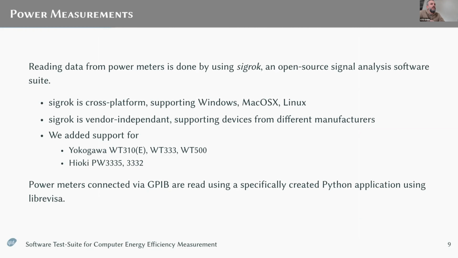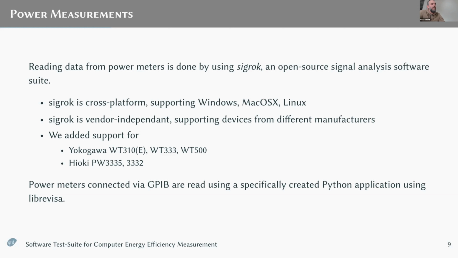The power measurements themselves are done using the data that we get from a power meter, for example a Yokogawa device or a Hioki device, and we do this using a software tool called Sqlite, which is open source and gives us all the features we need to talk to the power meters that we integrate within our tool.